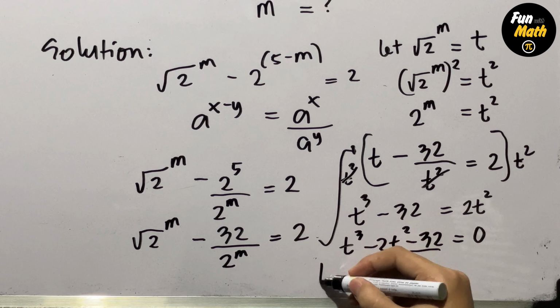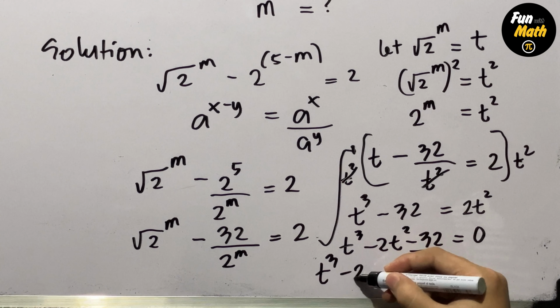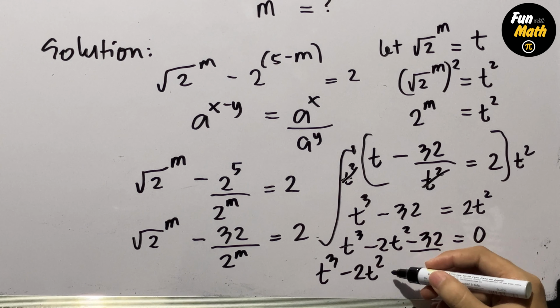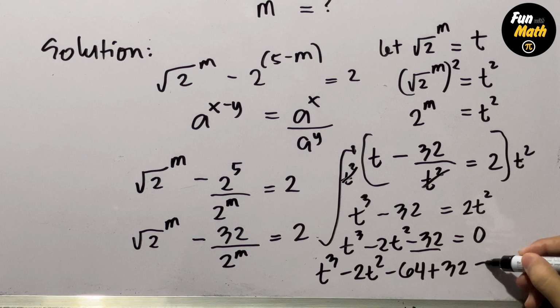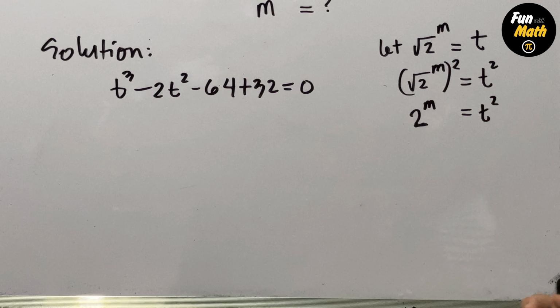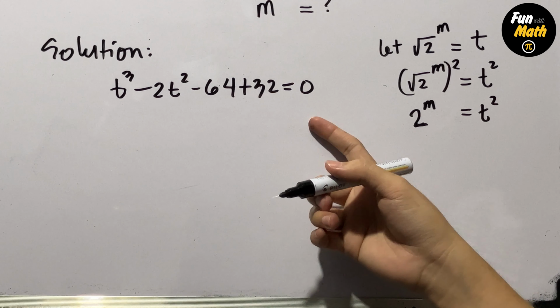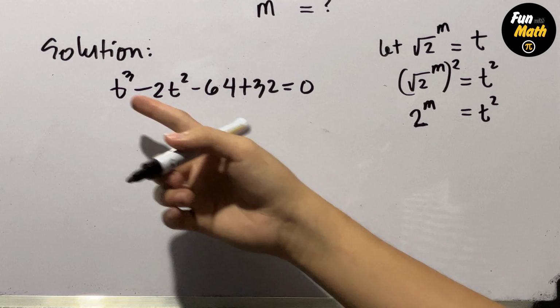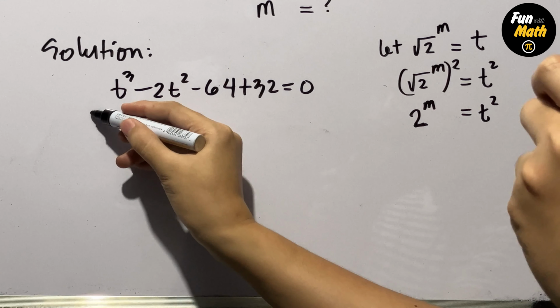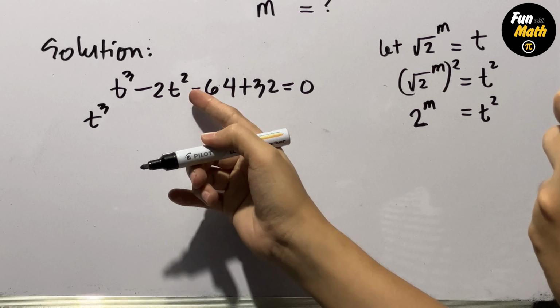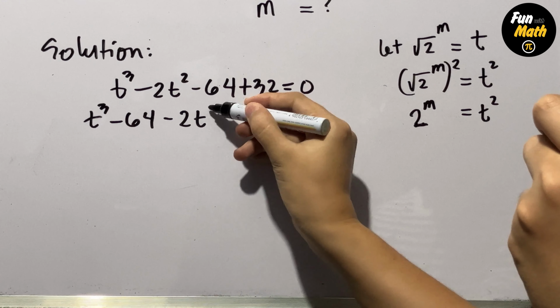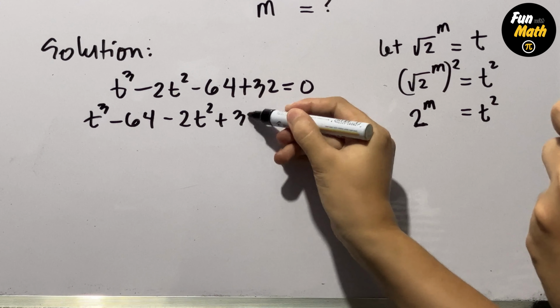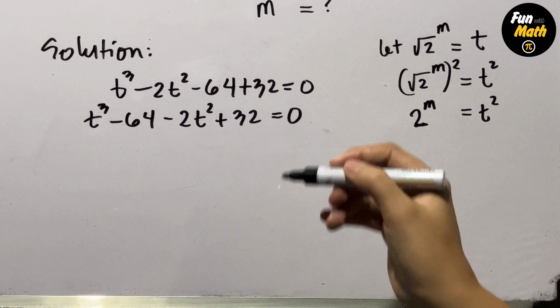So to write, that is t cubed minus 2t squared minus 64 plus 32 is equal to 0. Now, to finally group this, we are going to arrange. So to arrange, this is t cubed minus 64 minus 2t squared plus 32 is equal to 0.